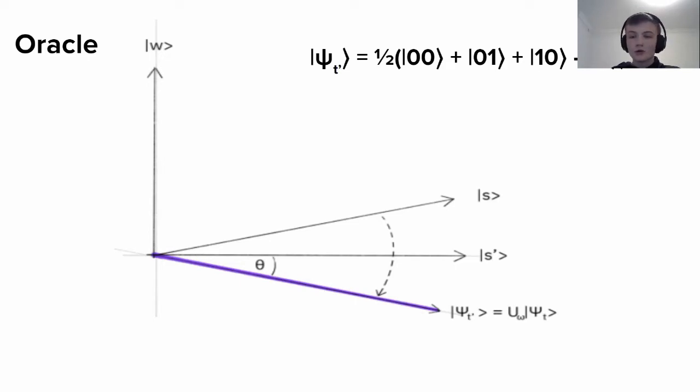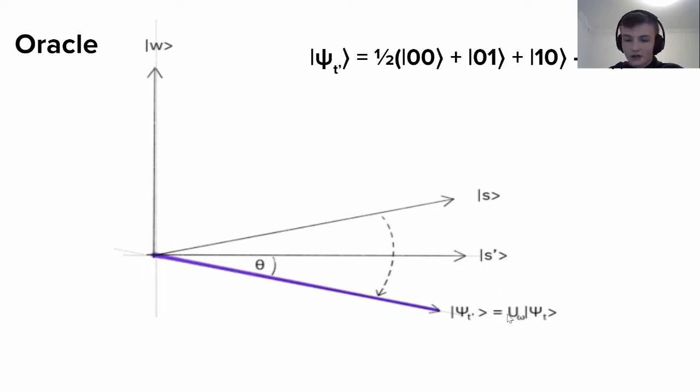So we only want the negative phase to be on the very specific state that we want to mark, where our oracle function does not touch anything else, as we can see. And this can be interpreted geometrically. Once again, state W, state S still there, state S prime. And then we see this U omega, which is our oracle, acting on the psi t state, of which we said, once again, was an S state.